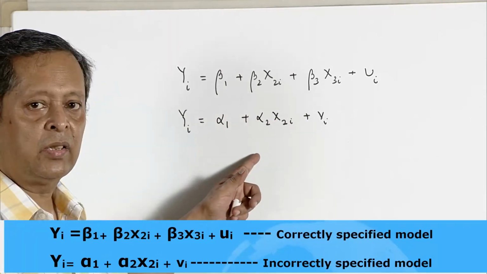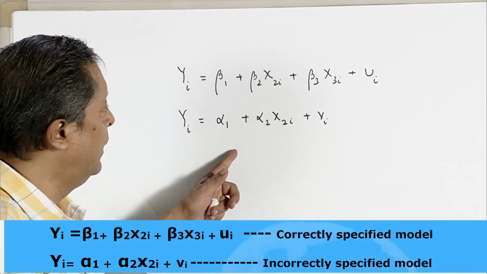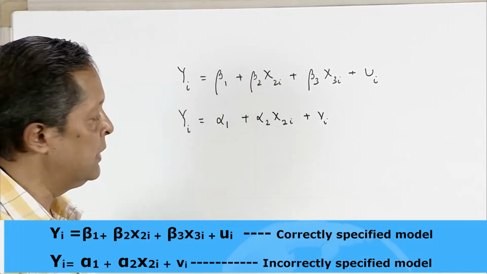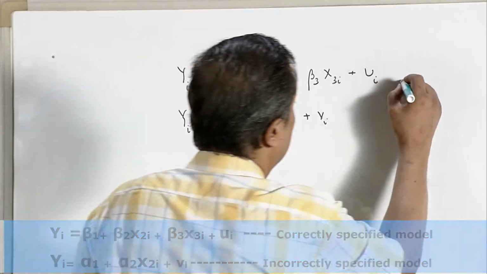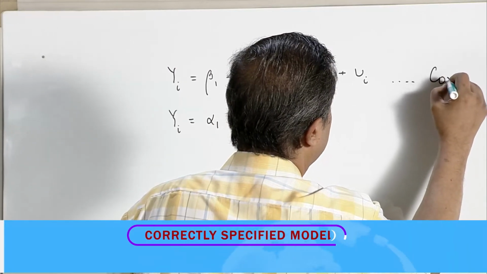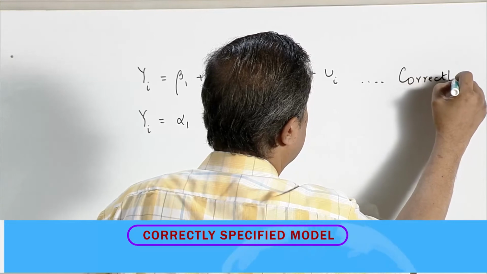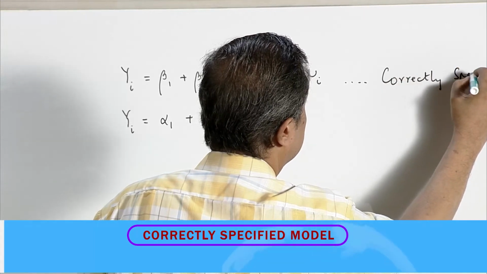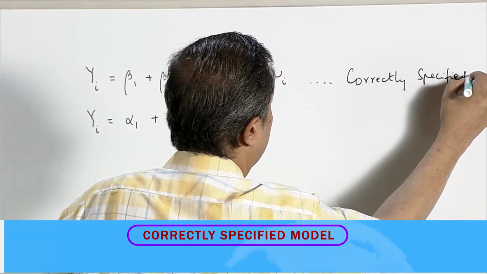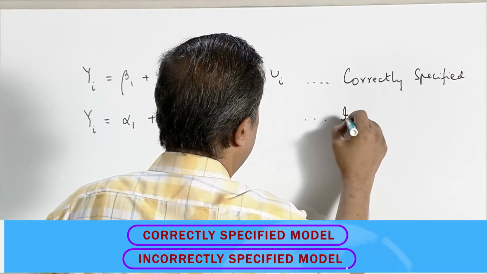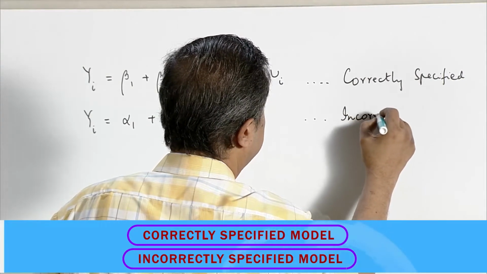So, the first line shows the correctly specified model and the second line is incorrectly specified.